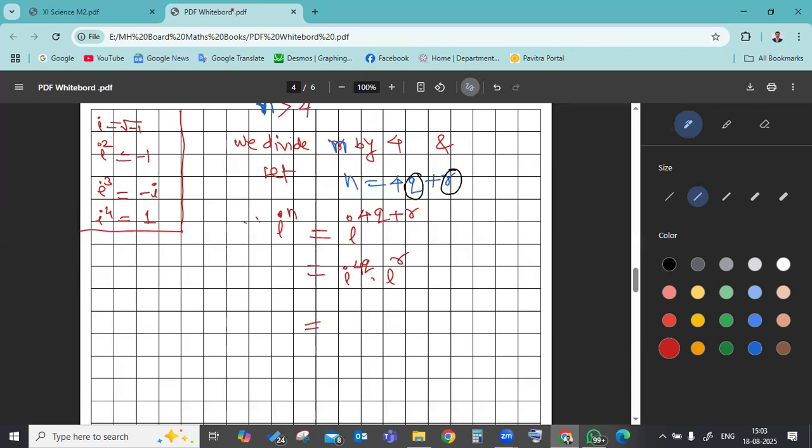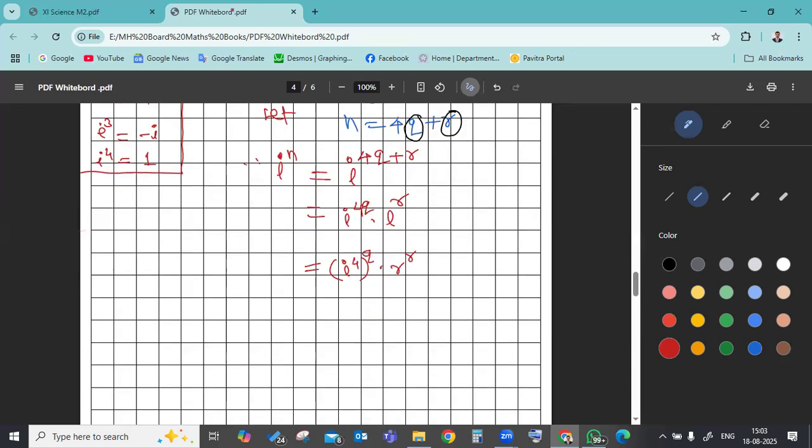Now this becomes i raised to 4 to the power Q into i raised to R. i raised to 4 is 1, so 1 raised to Q into i raised to R, that is i raised to R.